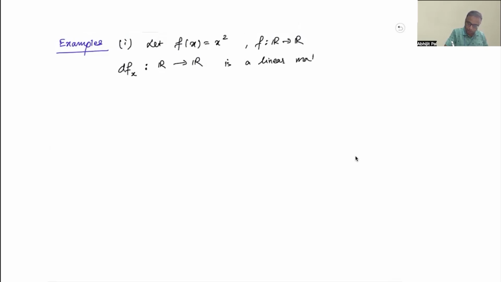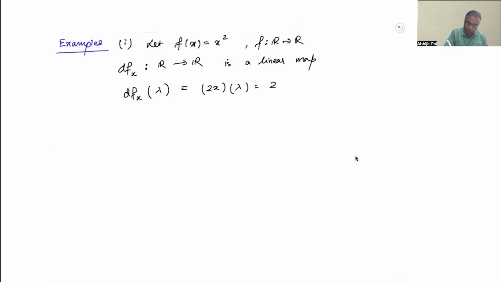So what is this linear map? df_x operates on a real number which is treated as a vector, and the matrix here is just a single entry, 2x, multiplied by lambda.